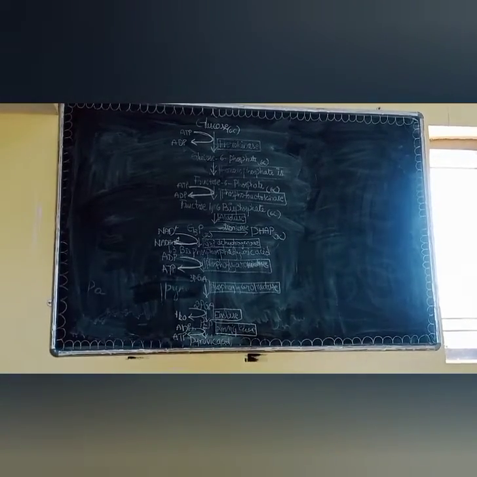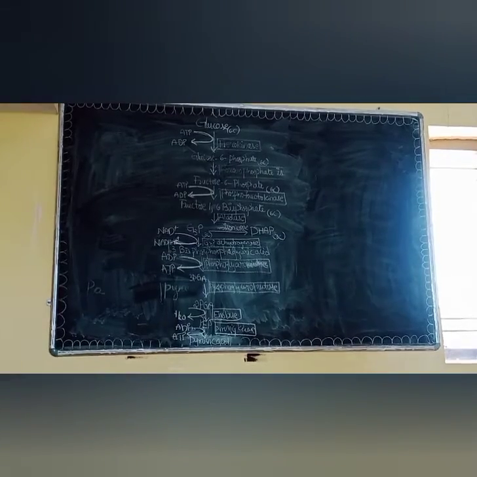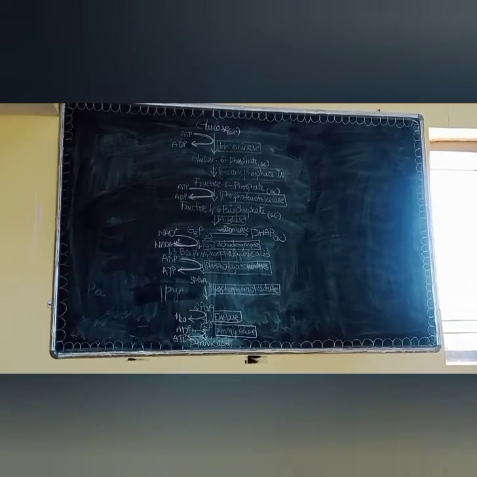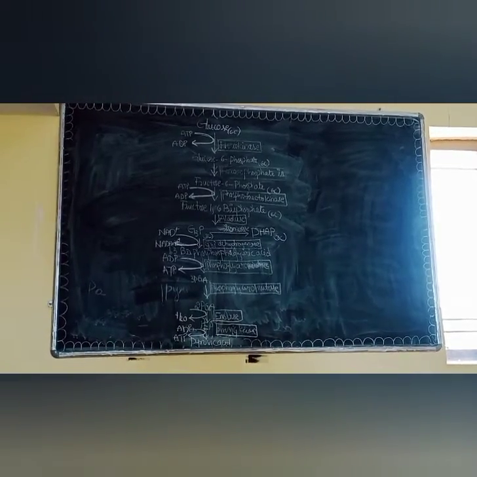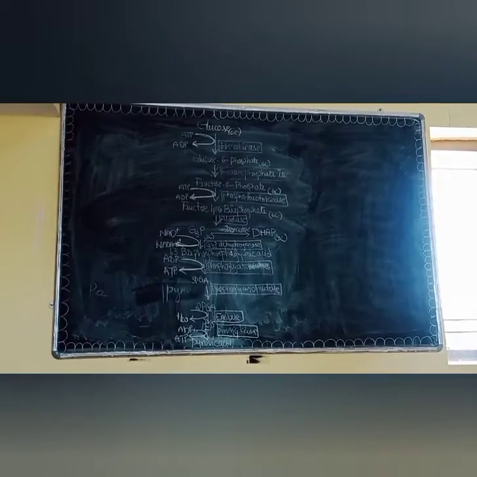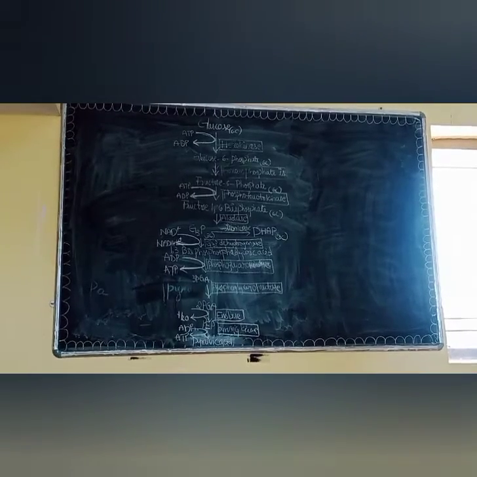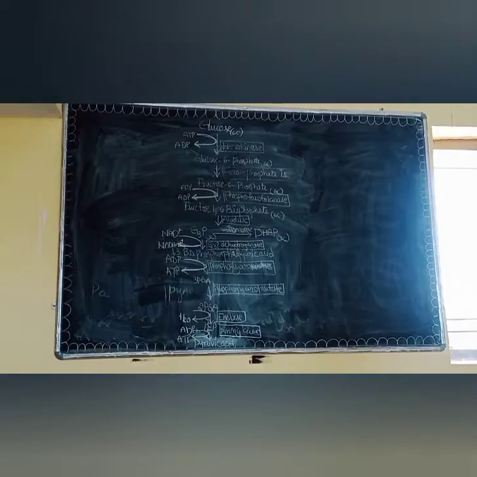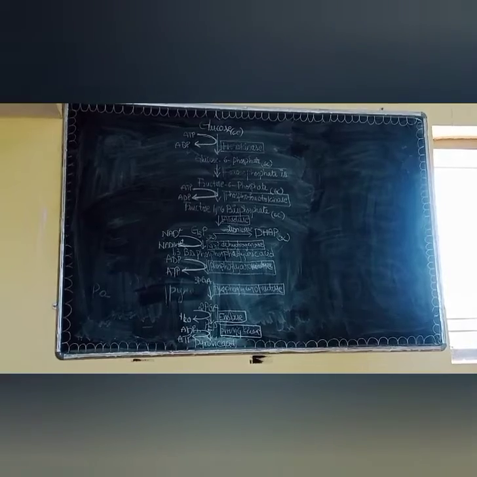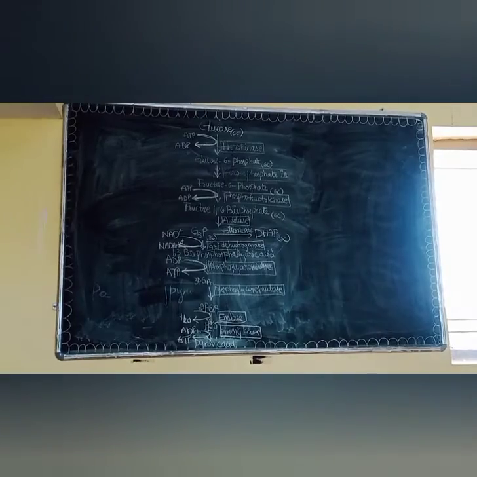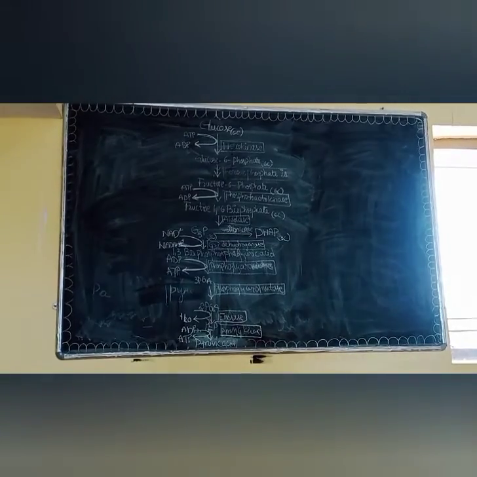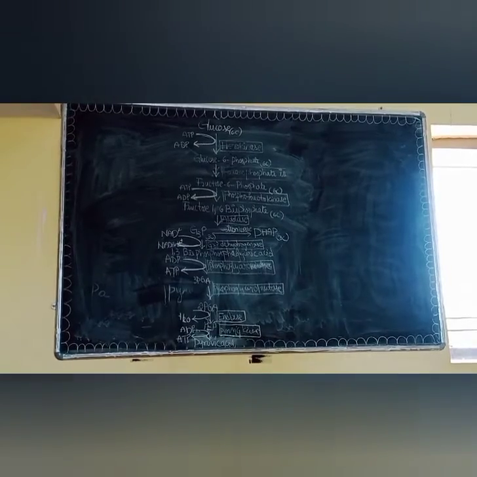Next, 1,3-bisphosphoglyceric acid in the presence of phosphoglycerate kinase gives 3-phosphoglyceric acid, and here we are synthesizing ATP from ADP and inorganic phosphate. Afterwards, from 3-phosphoglyceric acid in the presence of phosphoglyceromutase, we get 2-phosphoglyceric acid.